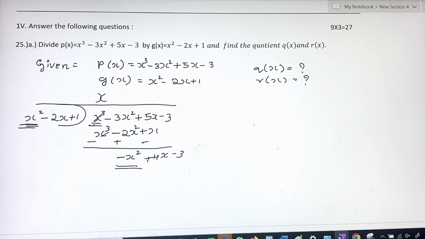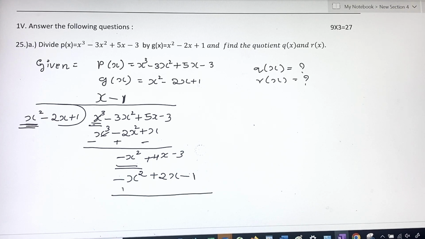So you write that minus 1 in the quotient. Now with this minus 1, you need to multiply to all these terms. That is minus 1 into x square is nothing but minus x square. Minus 1 into minus 2x is nothing but plus 2x, minus minus becomes plus. Minus 1 into plus 1 is nothing but minus 1.